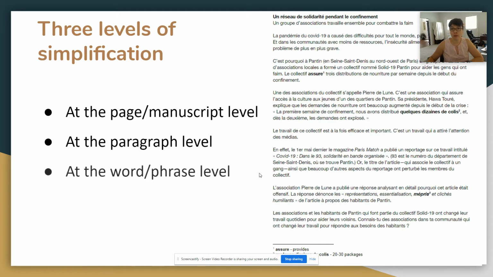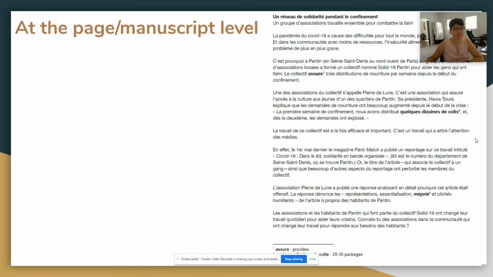And then the third round of simplification is at the word or phrase level. So let's get started. First, at the page or manuscript level.